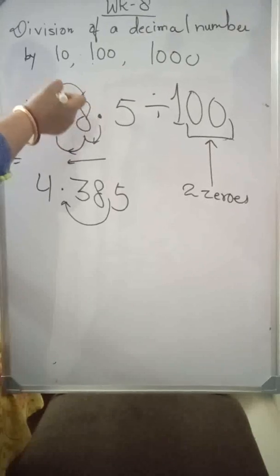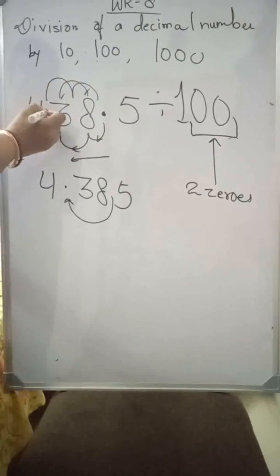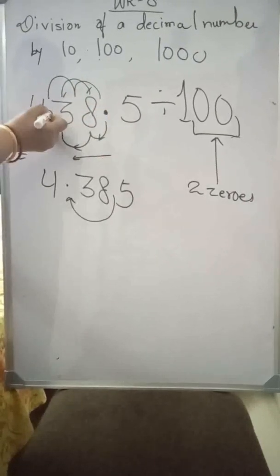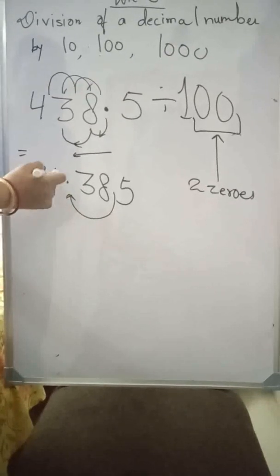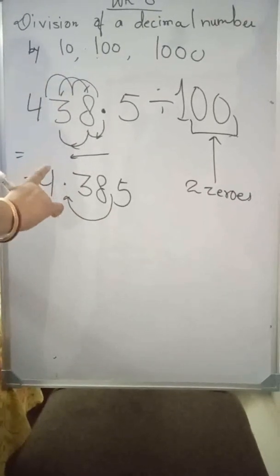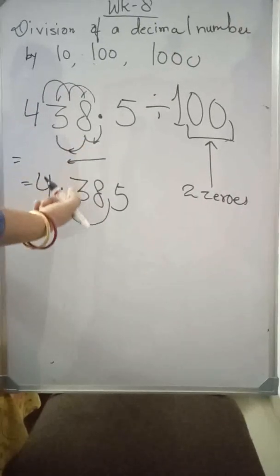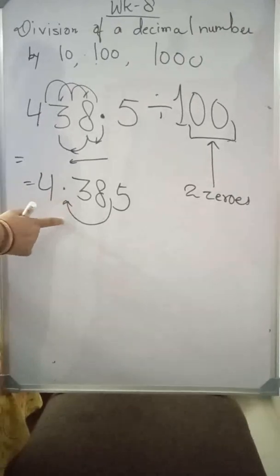It will jump 2 digits. 1 jump and second jump. After the second jump, it changes its position from this place to this place. See. So this is the quotient, and this jumping of the places, shifting of the places will take place in this quotient. Remember that, the quotient, right?